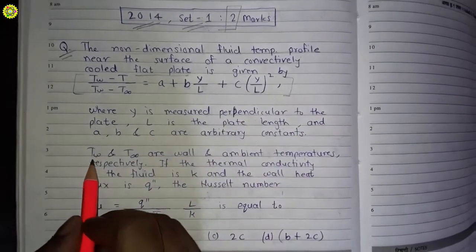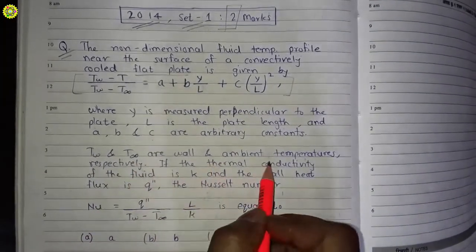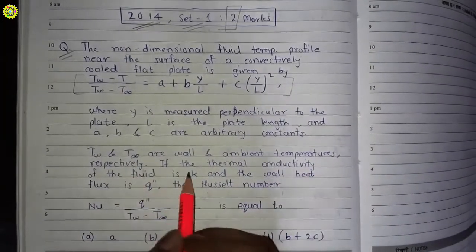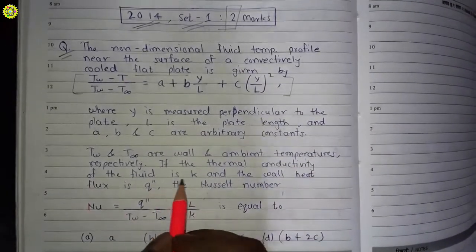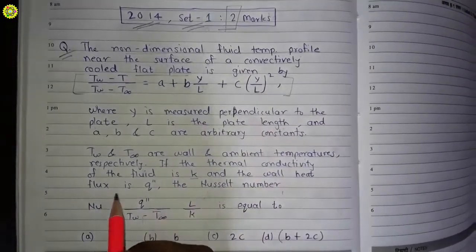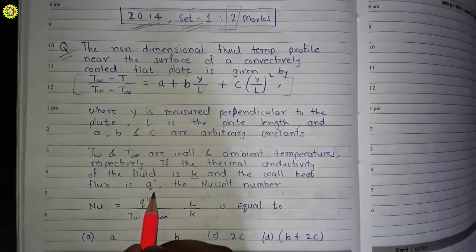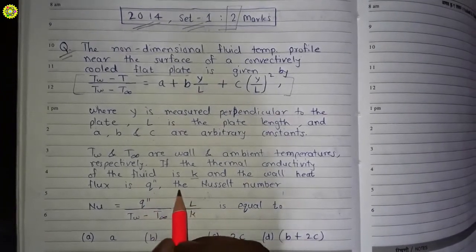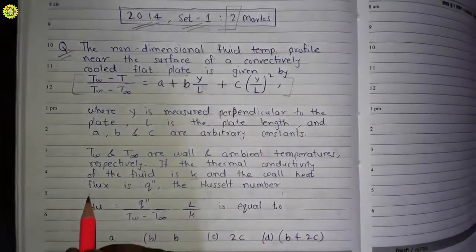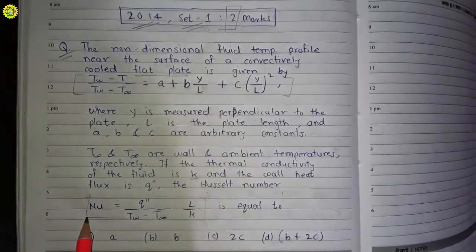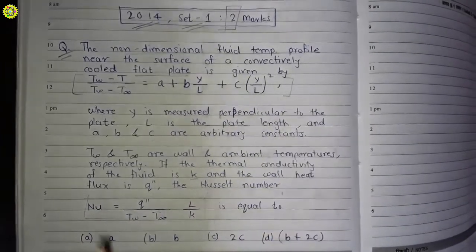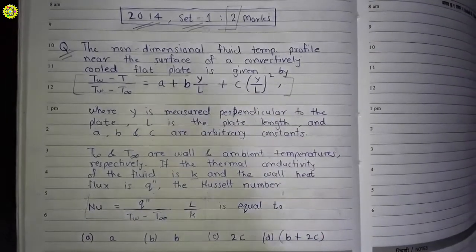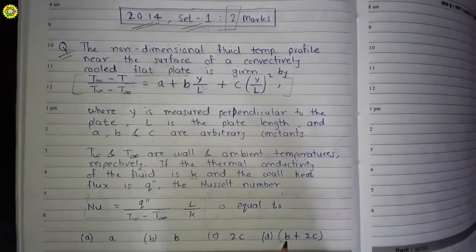Tw and T infinity are the wall and ambient temperatures respectively. If the thermal conductivity of the fluid is K and the wall heat flux is q double dash, then the Nusselt number is given by this equation and is equal to what? We have to find out, and these are the options as you can see.